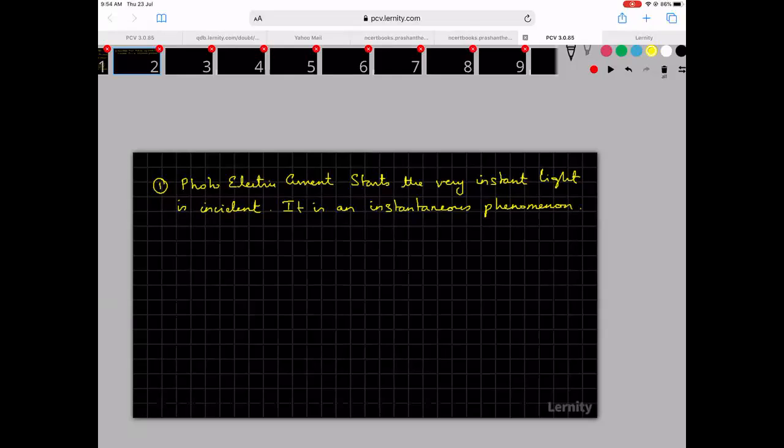Two, the photocurrent is directly proportional to the intensity of light.